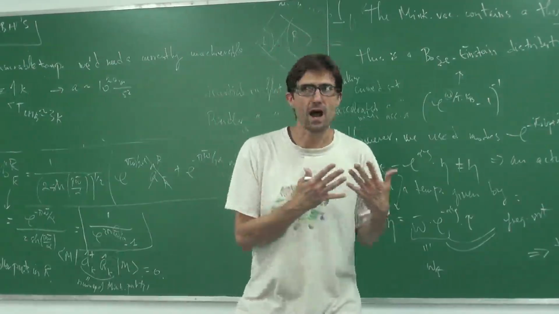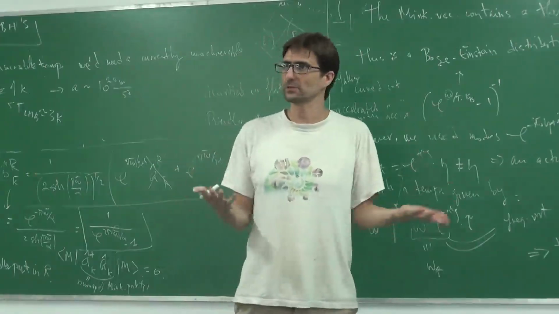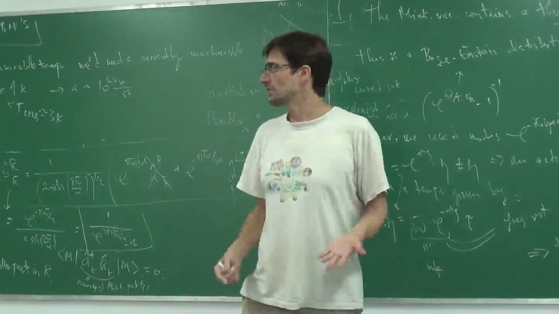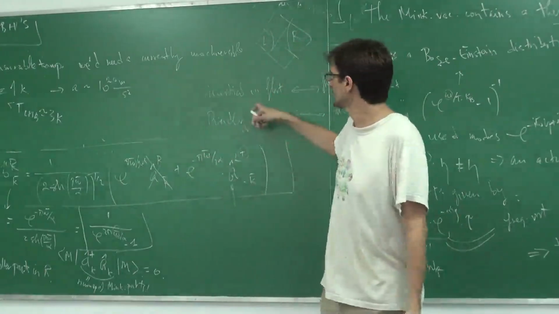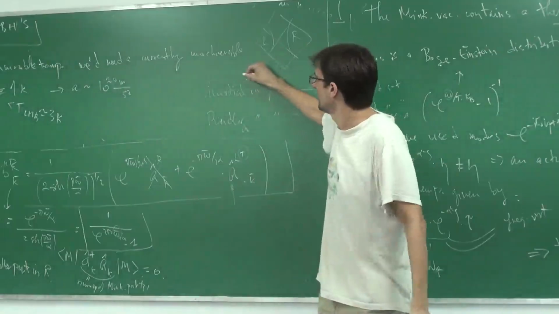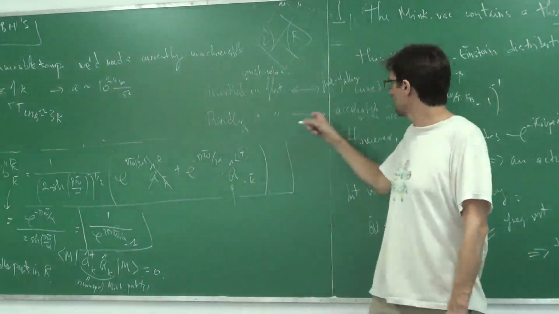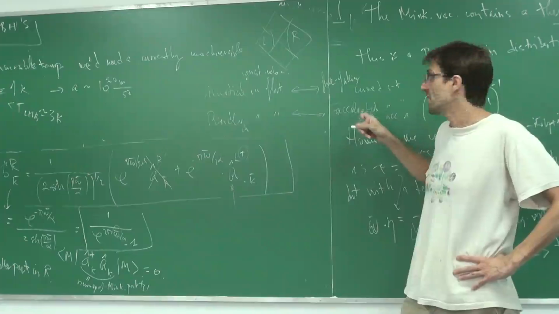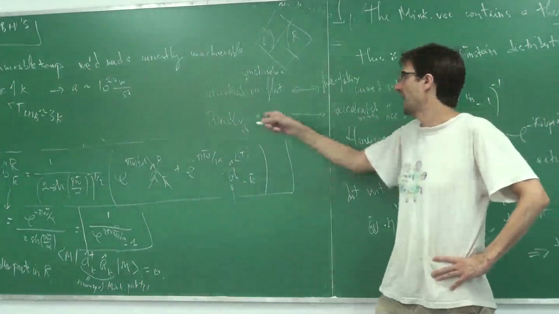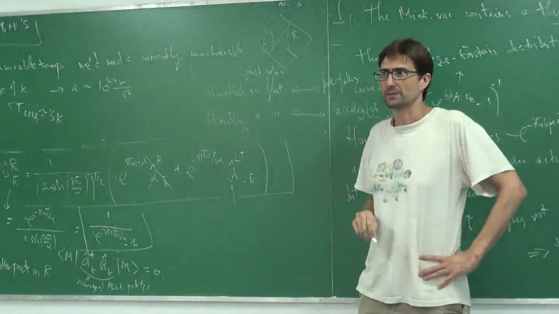So those observers are not accelerated in curved space-time. They're just free falling. They're just following geodesics. They're not accelerated. So they are the equivalent of inertial observers, constant velocity observers, this constant velocity in flat space-time. The observers which are not following a geodesic in curved space-time are accelerated, and they're the equivalent of accelerated observers in flat space-time.